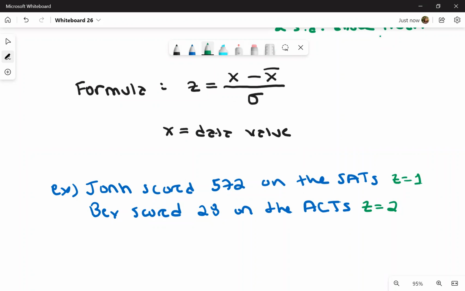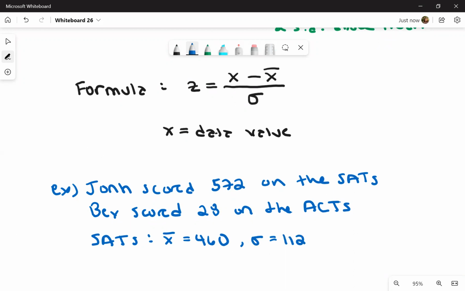So it allows us to still compare them. Now, let me show you the work associated to the actual means of the SATs and the ACTs, okay? So John scored 572, Bev scored 28. Now what if I told you that on the SATs, the mean is 460, with a standard deviation of 112.